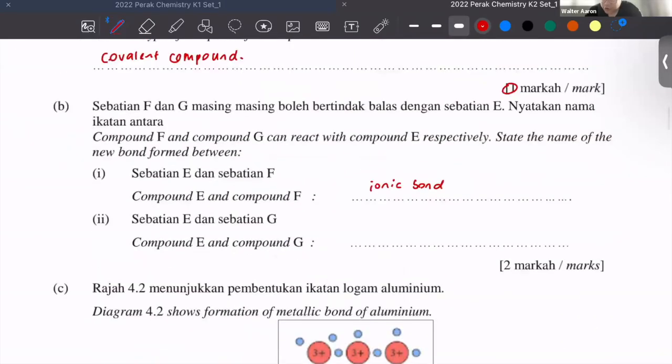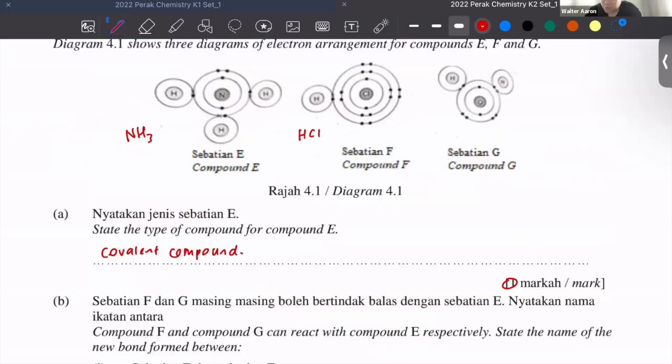And then between E and G, when ammonia dissolves in water, it can also produce what we call the ammonia solution, or aqueous ammonia. And inside the aqueous ammonia, the ammonia will form a hydrogen bond with the water.